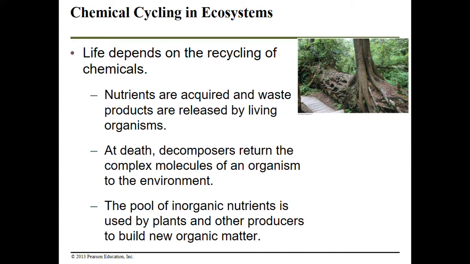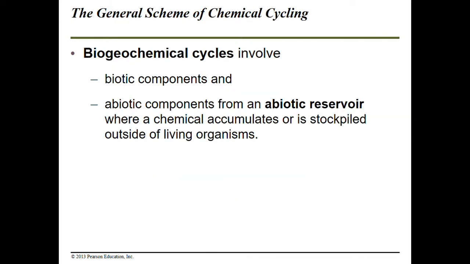So basically, plants take nutrients from soil, they get eaten by animals, animals die, get broken down by decomposers, and it's a smidge different for each different chemical cycling. So chemical cycling is also called biogeochemical cycling because they involve biotic, so living components, all these cycles do.